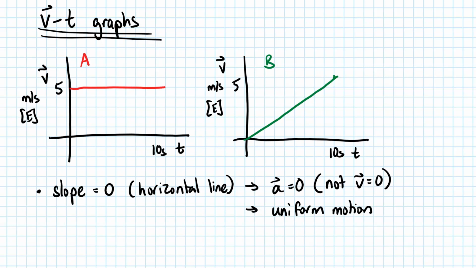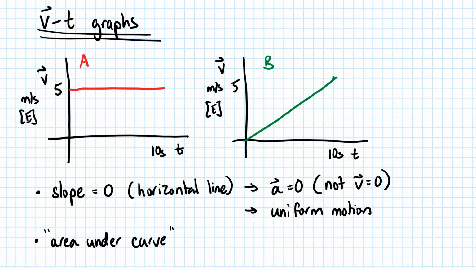The other major piece, besides the slope of a velocity time graph, that you can garner is what we call the area under the curve, which is the area between the line in your graph and the x-axis.